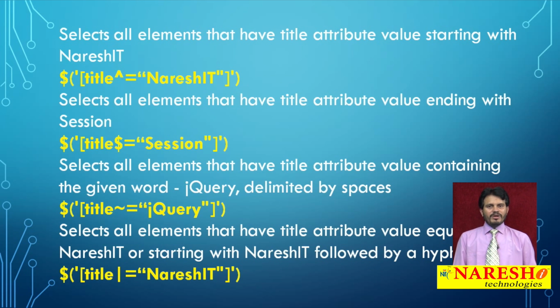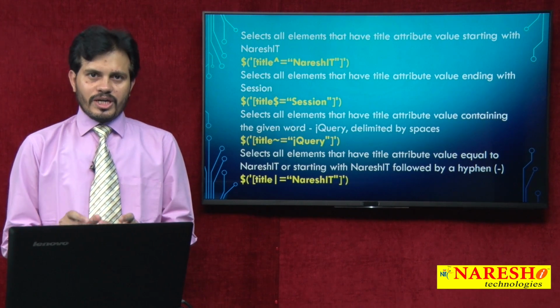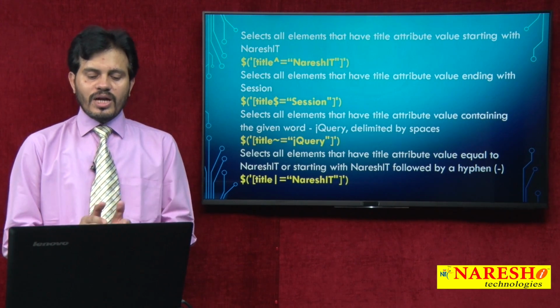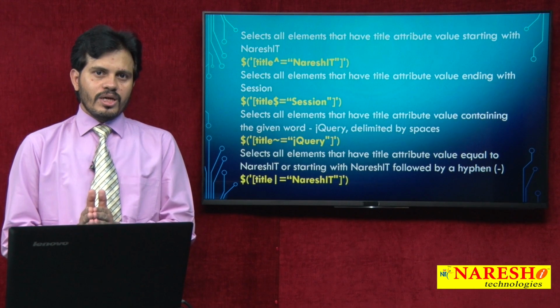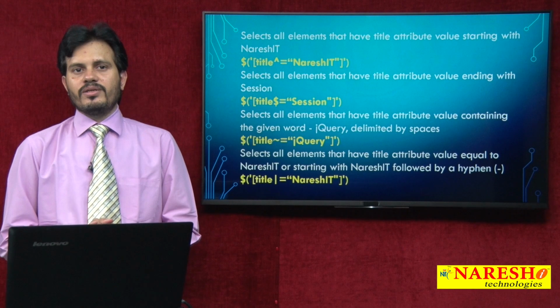Then that element gets selected, and for that we write the jQuery selector: dollar of square bracket title pipe symbol equals to, in double quotes, Naresh IT. It means whichever HTML element has the title attribute and the value must be equal to Naresh IT, or starting with Naresh IT and followed by one hyphen character, then that element is going to be selected.